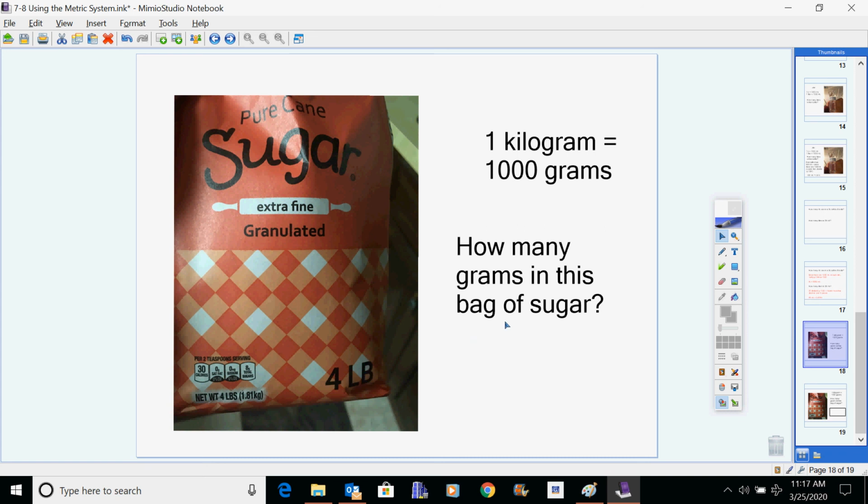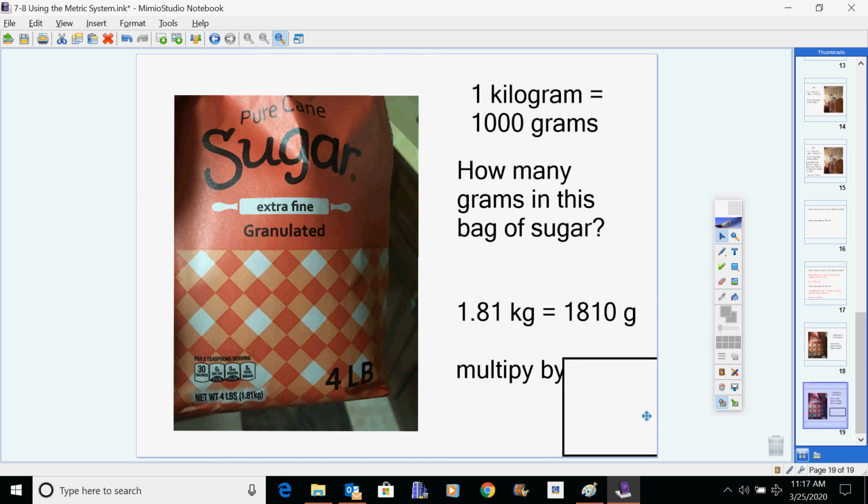So there are going to be more little grams than there are kilograms. That implies that you multiply by 1,000. Okay, so it should make sense to you. 1,810 grams is 1.81 kilograms.